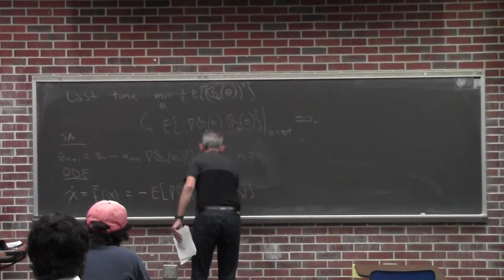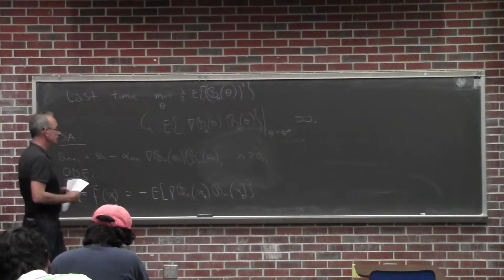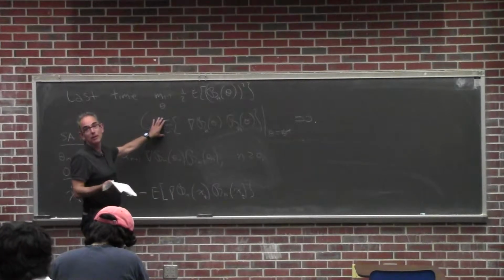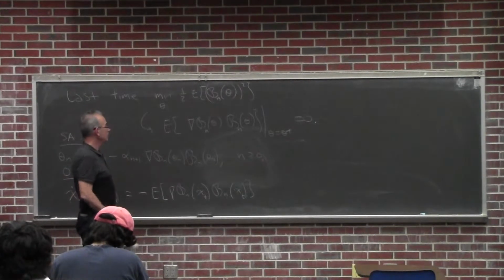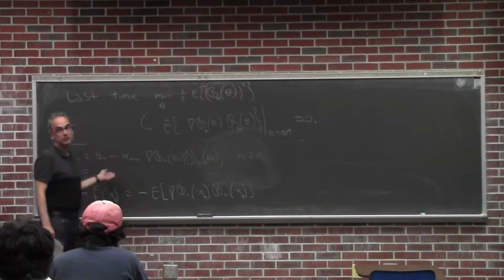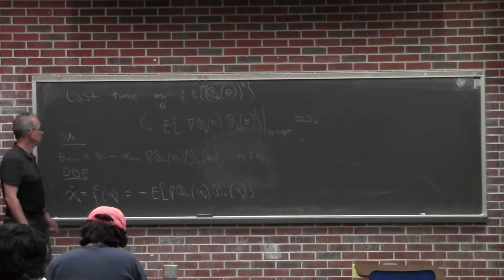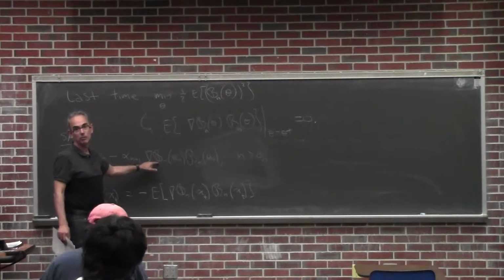And to make it concrete, I put the t's there just to make it clear what I'm saying. So if you were able to actually compute this expectation explicitly, like you might be able to in some linear Gaussian setting, you could just write this down. Then you could run an ODE if you like, or you could replace this by its expectation. Because this is just an approximation of an ODE.